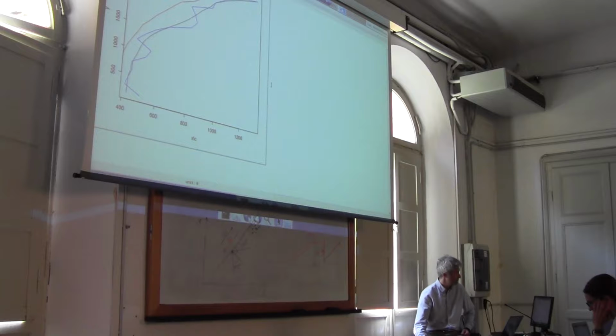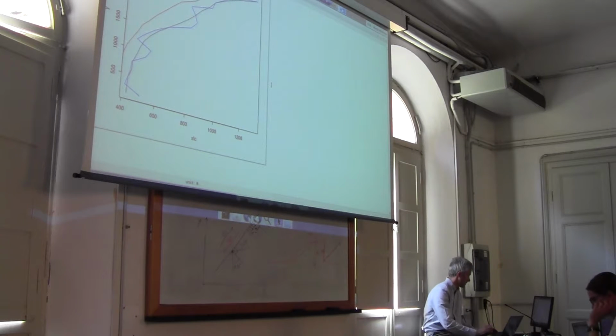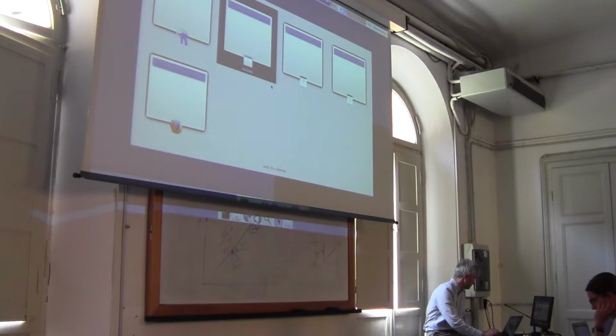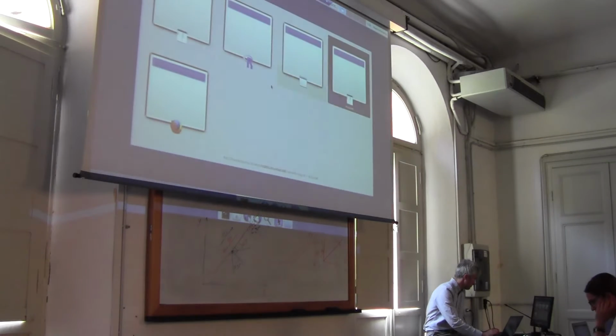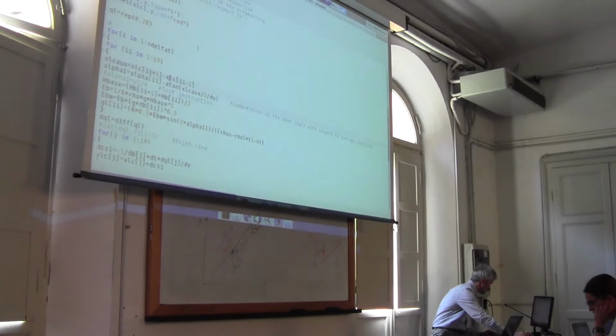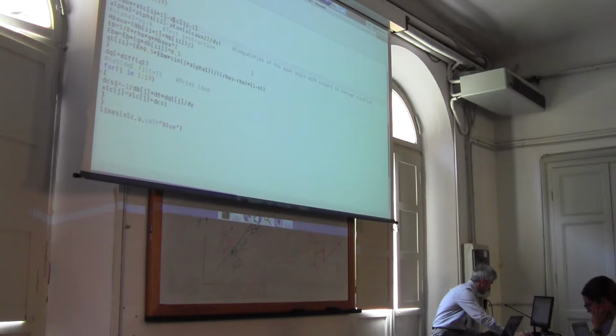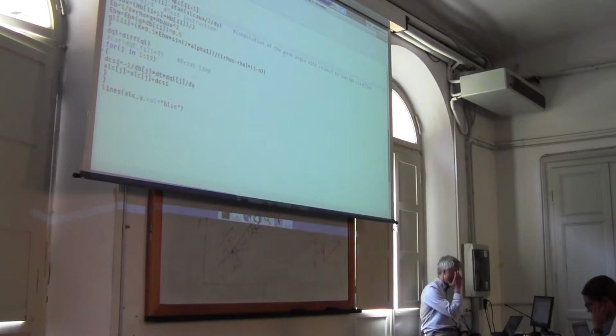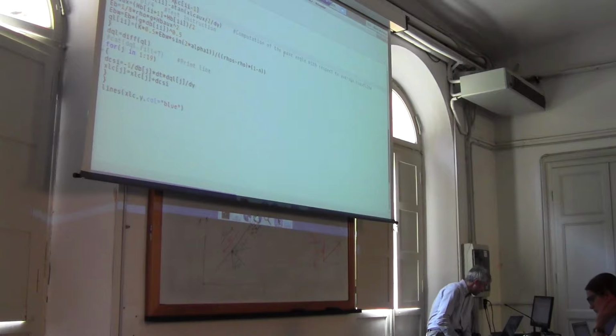Is it possible to see the code once again? Because I have a problem with lines. Yeah. Just 1 second. Lines? Yeah. Is the unexpected input in lines?